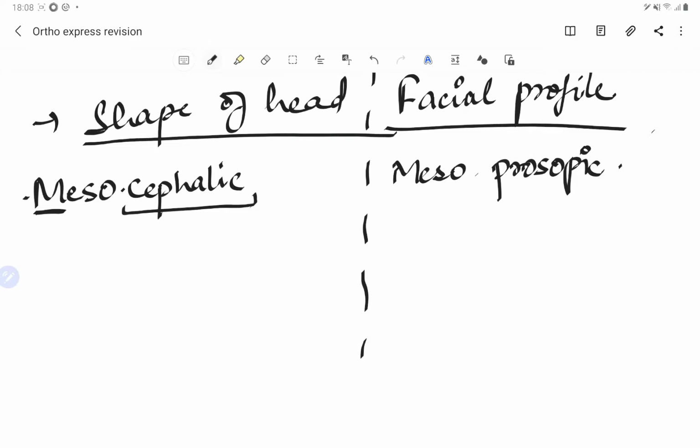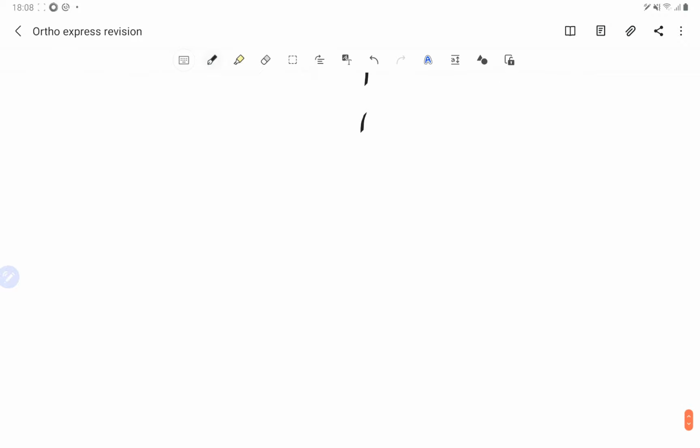Because the facial form is important, as there is a simple way to describe it. It can be round, oval, or squarish kind of face. Let me make a diagram here. Cephalic means head and prosopic means face. So a mesoprosopic is going to be like this. This person is our mesoprosopic.